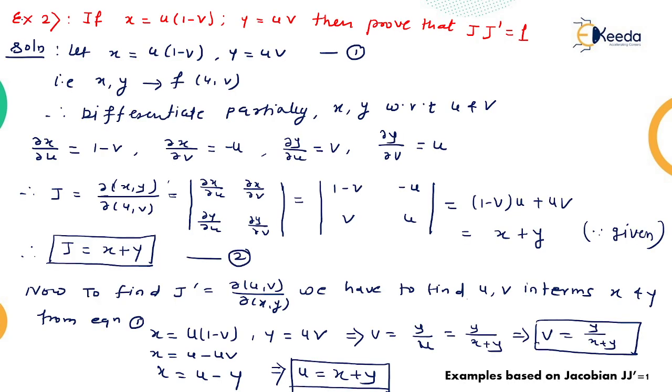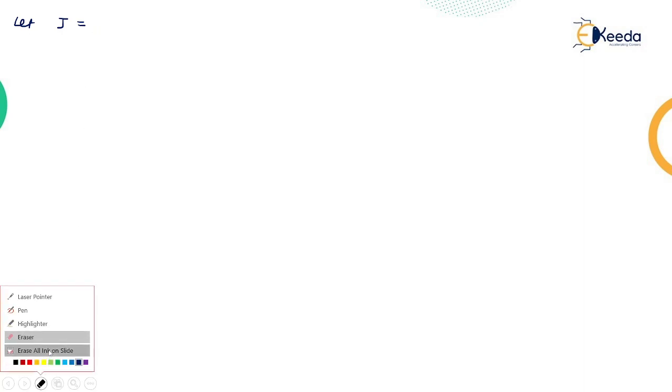Now for finding J dash we will proceed further here. So directly writing the values of u and v: u is equal to x plus y, and v is equal to y upon x plus y.